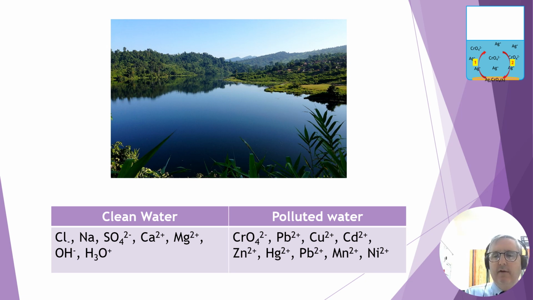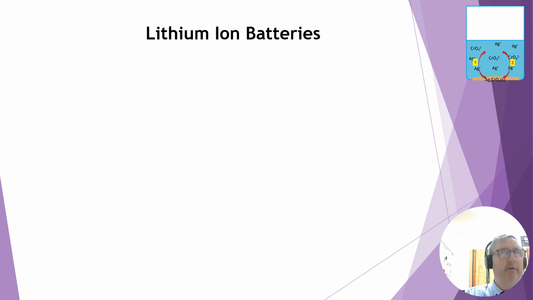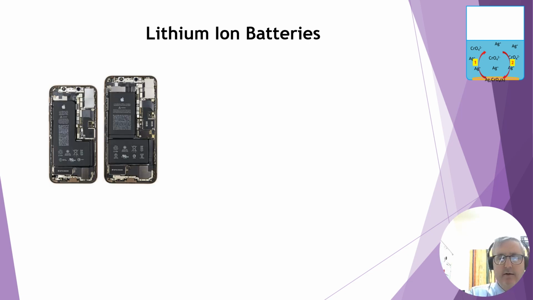So one of the human activities, let's have a look at one, is lithium-ion batteries. What are they used for? Well, if you have a cell phone, your cell phone will be run by a lithium-ion battery.